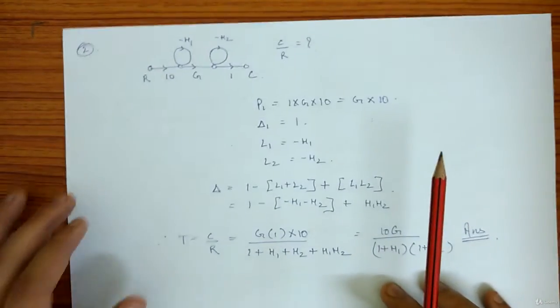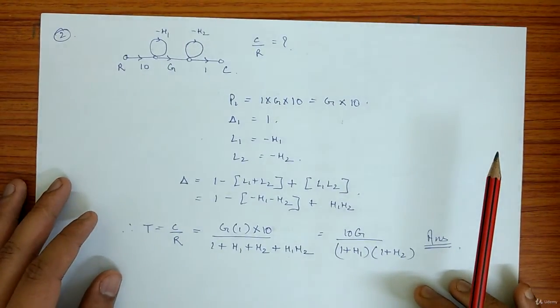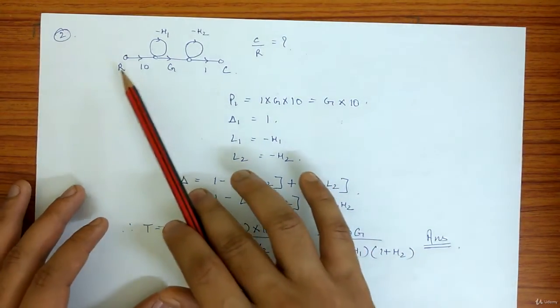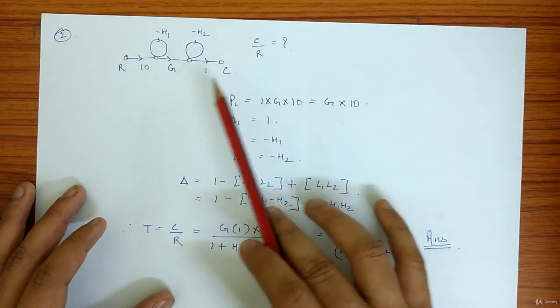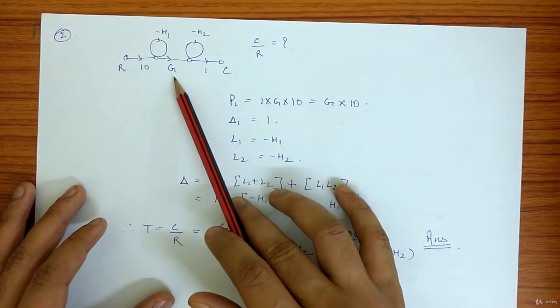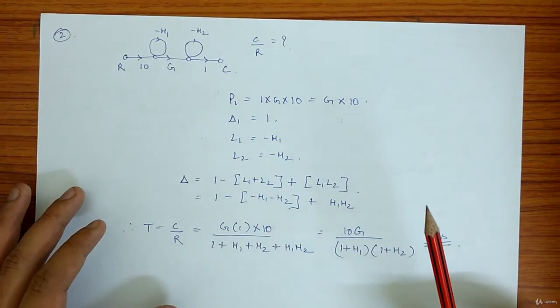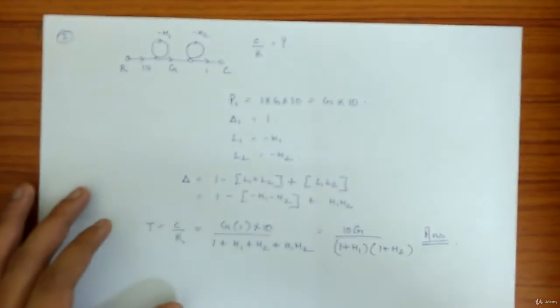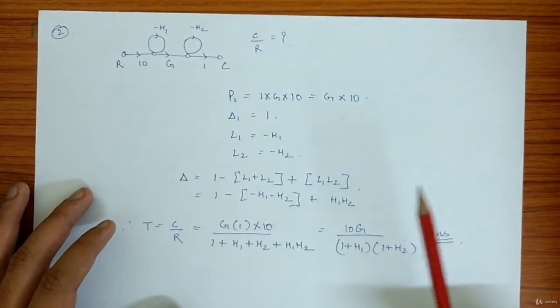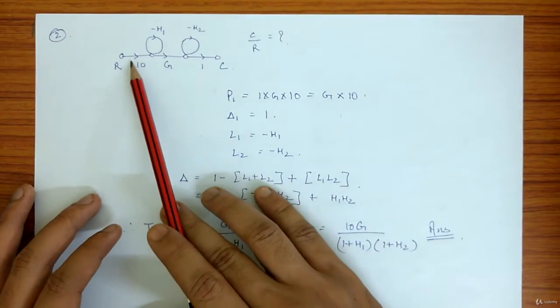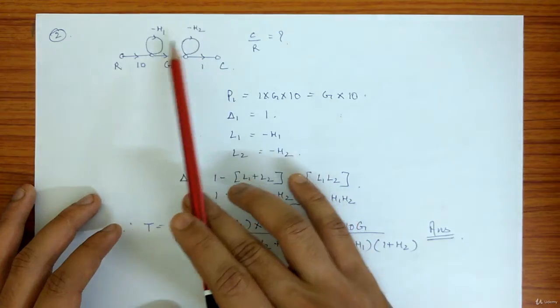You can see in this example you have this SFG given. This is your input, this is your output. This is gain 10 G1 and these are gains H1 H2, minus H1 and minus H2 feedback gain. Now we have to find C by R. So you can see again the same thing. I have to exclude these two self loops.